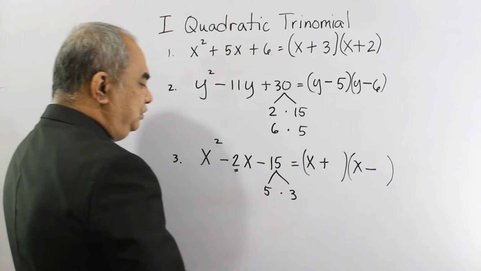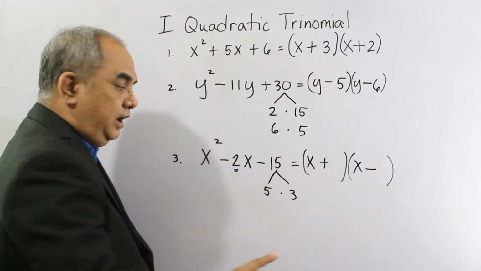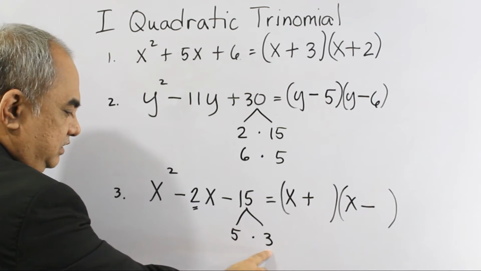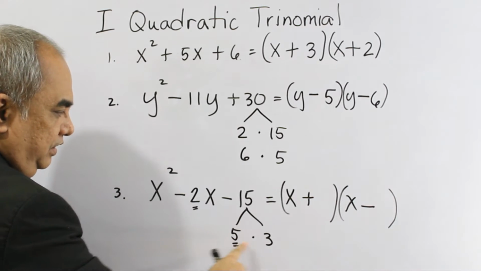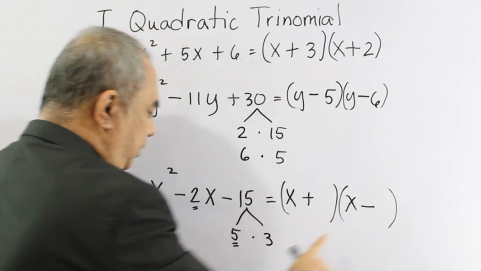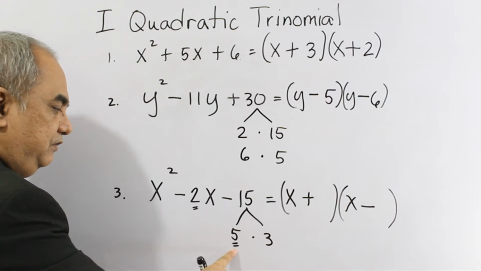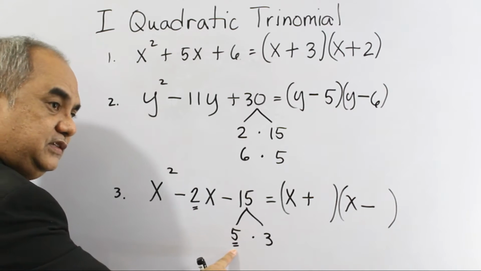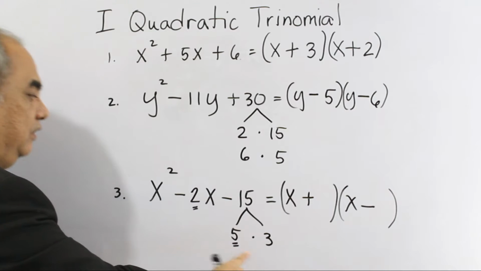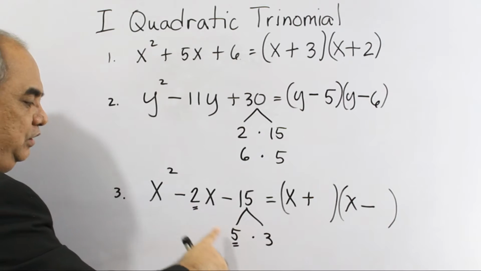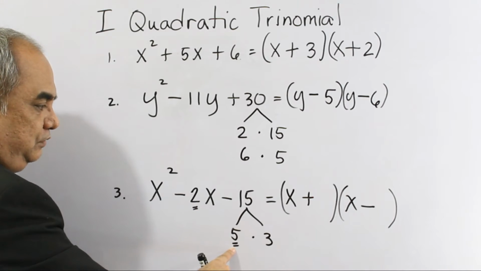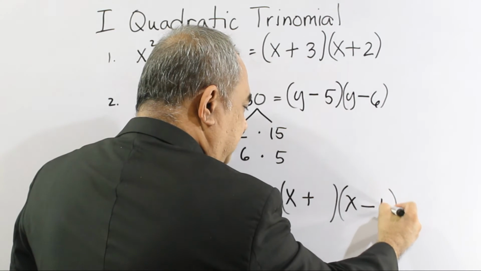Okay? So, how do we do that? You choose the bigger number. In this case, the bigger number is 5. And you write 5 where? Is it in positive or negative? You write the bigger number, the bigger factor, okay, to the sign similar to that of the middle term. So, since our middle term is negative, you have to write the bigger number, which is 5, also in the negative side.